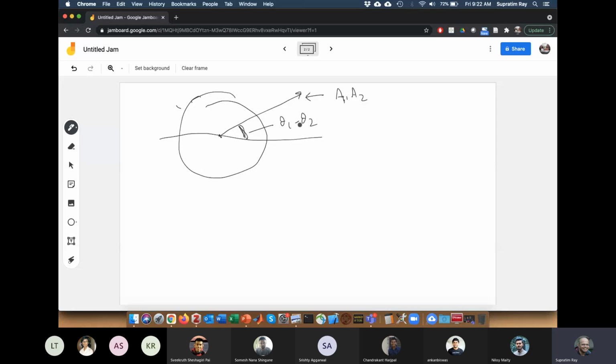If two signals are out of phase always, the vector will be like this. If the two signals are always in phase, which means the phase difference is 0, then it's going to be like that. And if it's a sine for one and cosine for the other, it will be like this. For each trial, I'm getting a vector.